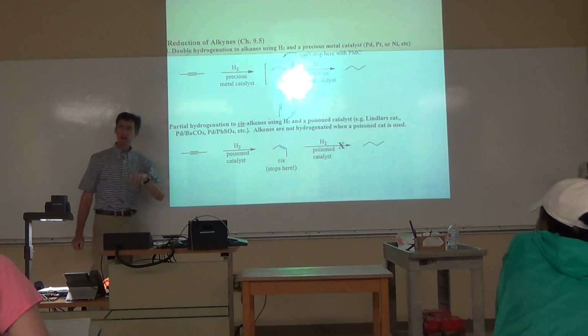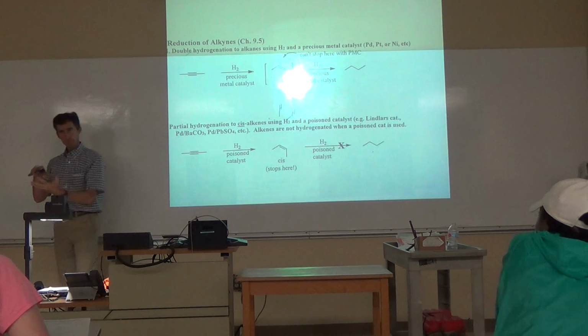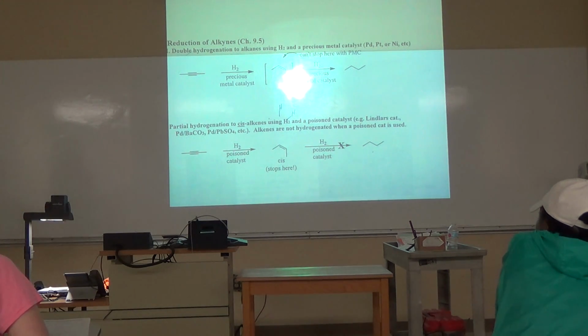These heavy metal ions can absorb to the metal and make it less active. Quinoline. If you look up Lindlar's, it may contain some quinoline. That's an amine. Amines can absorb to the metal and make it less reactive for the hydrogenation.